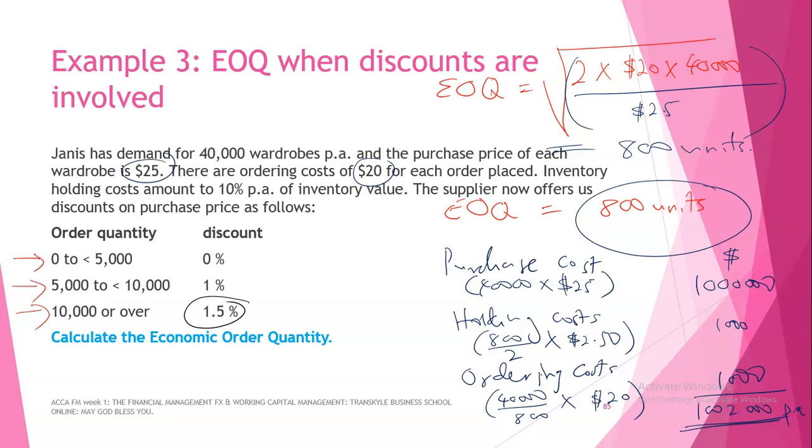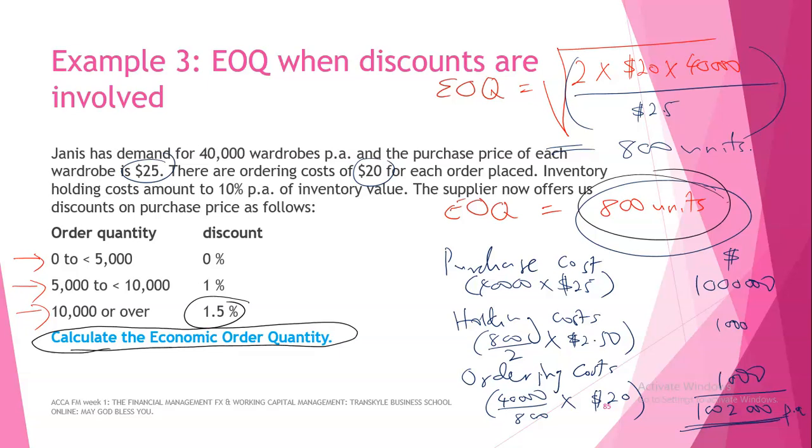Okay. Now the question was saying that calculate the economic order quantity. If you had only calculated the economic order quantity and rested at 800 units here, you were not going to secure all the marks required for this question, right? The question, in other words, was testing you the economic order quantity given the discount landscape.